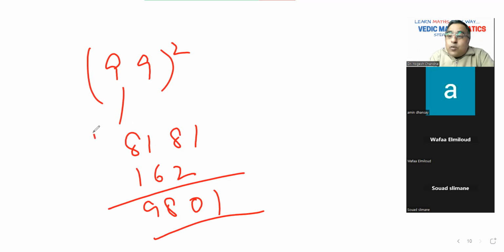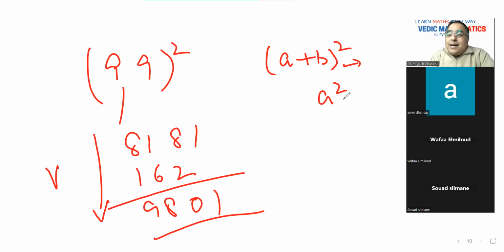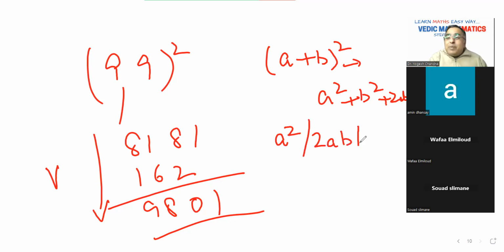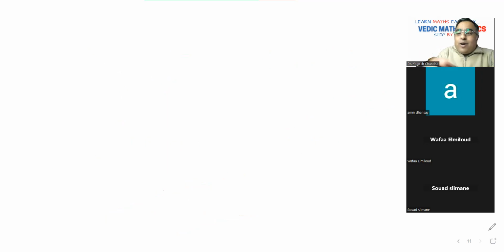Now, I was using a vertical concept. What is this formula? If you remember, you were using A plus B whole squared equals A squared plus 2AB plus B squared. But in Vedic maths, we will write it as A squared, 2AB, and B squared, but there are these lines known as balancing lines. Now, what happens when I have to solve 24 squared?